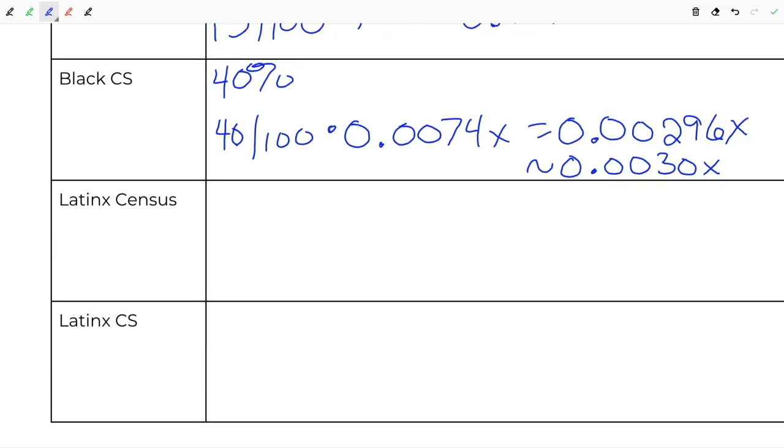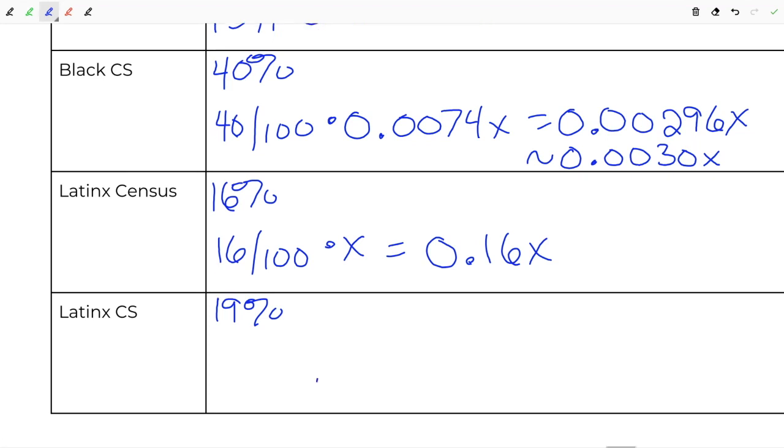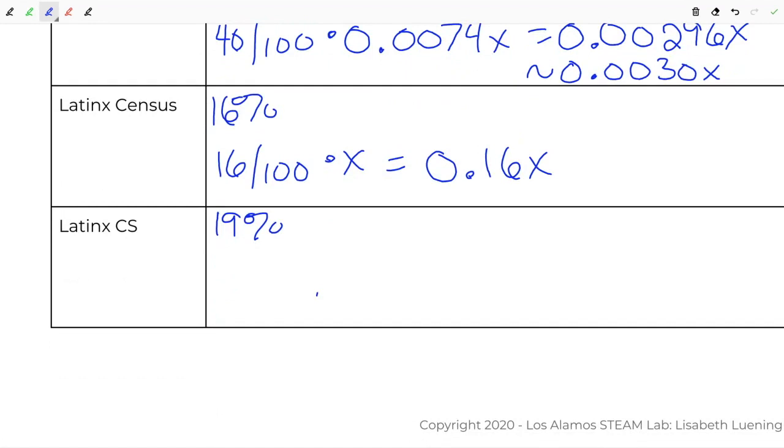So Latinx people on my lawn are 16%. So 16 out of 100 times X is just 0.16X. 19% of the people in the correctional system on my lawn are Latinx.